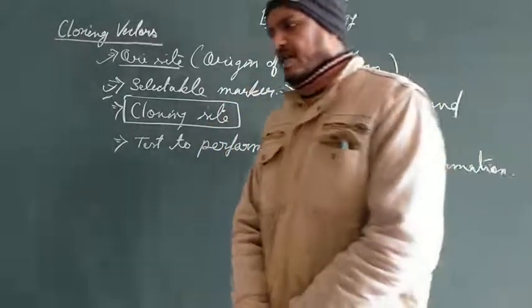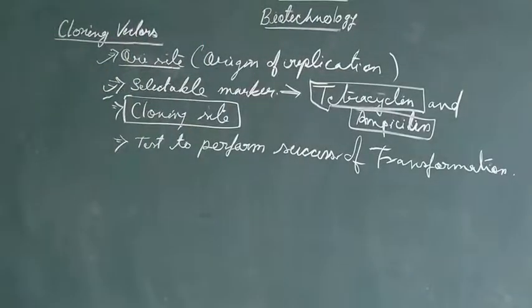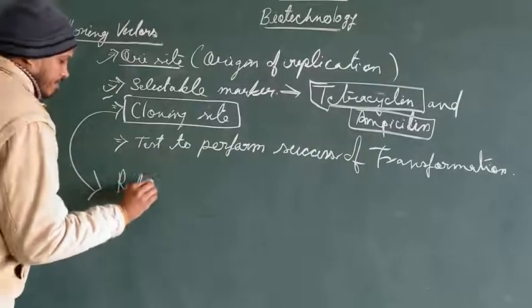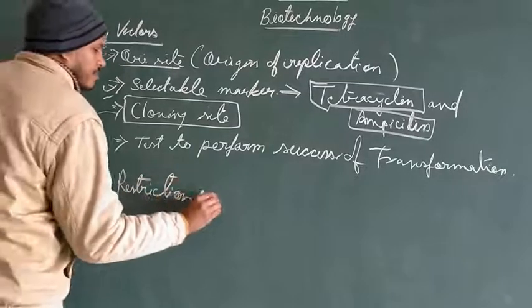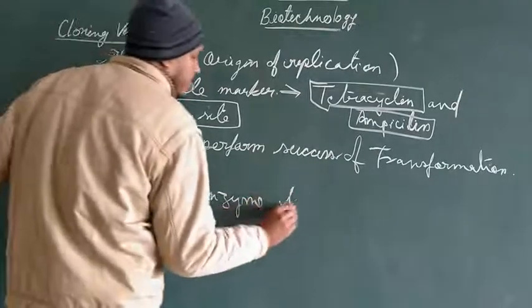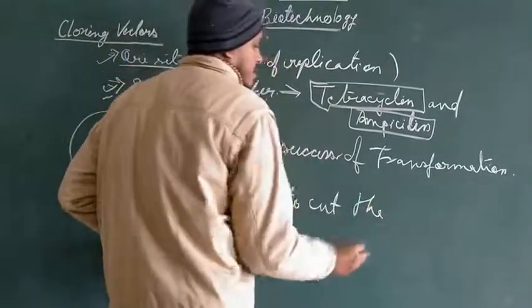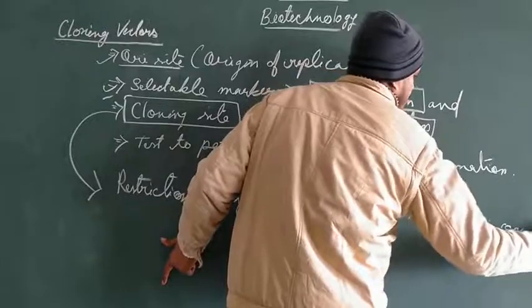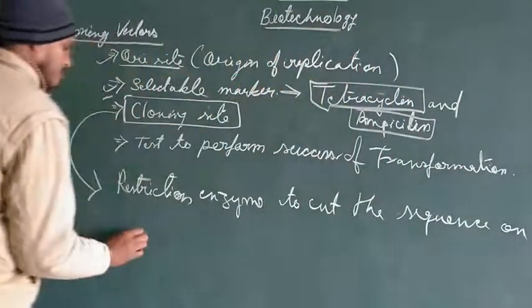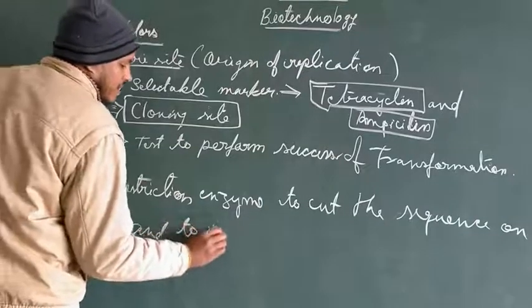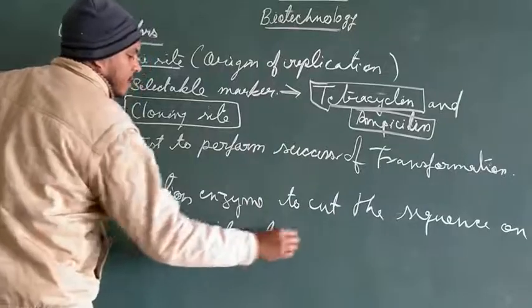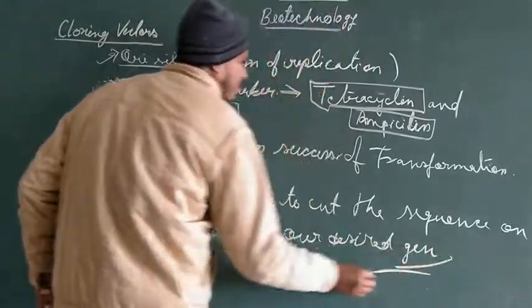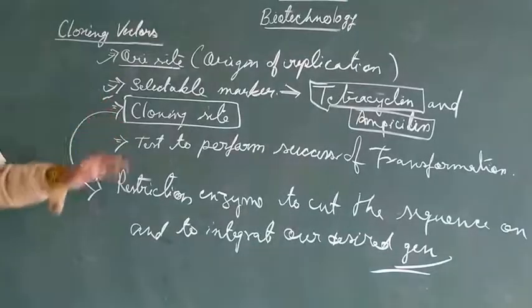It is the cloning site where we use restriction enzymes to cut the sequence on the plasmid and integrate our desired gene.